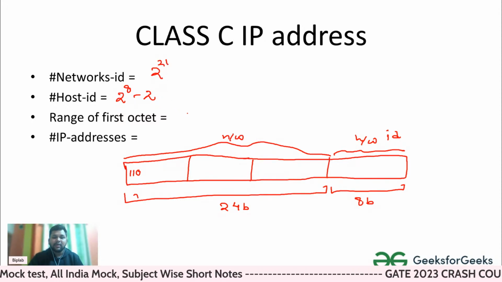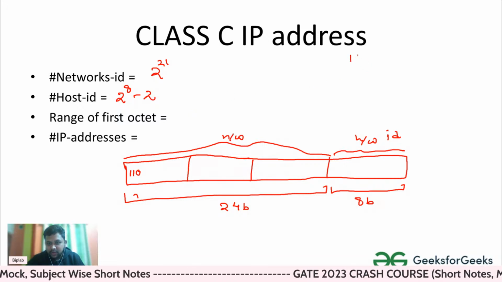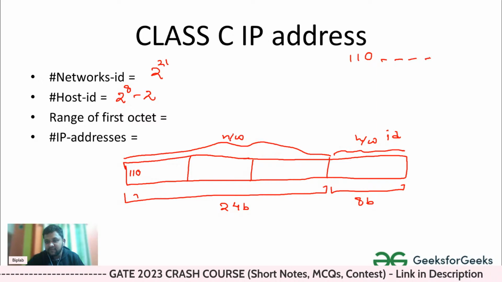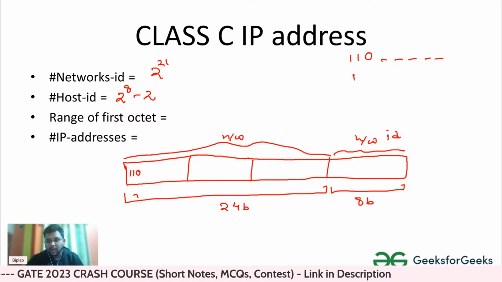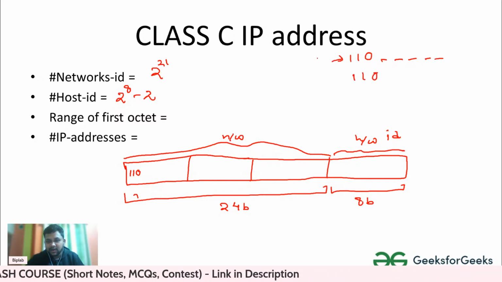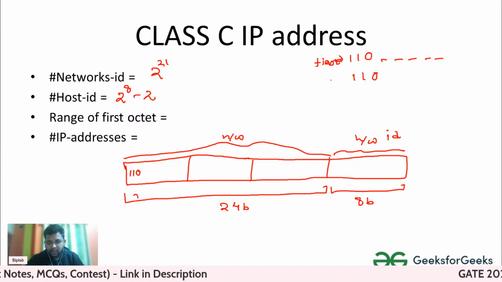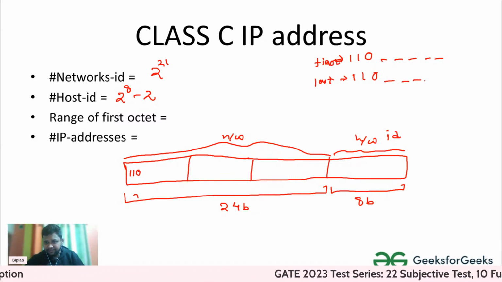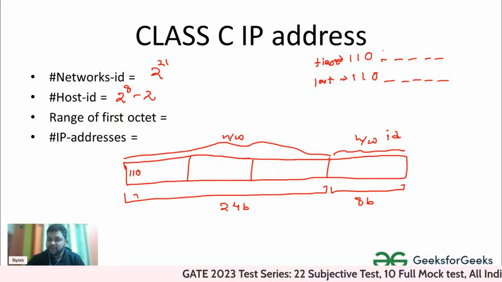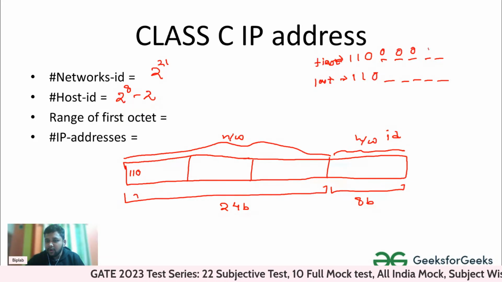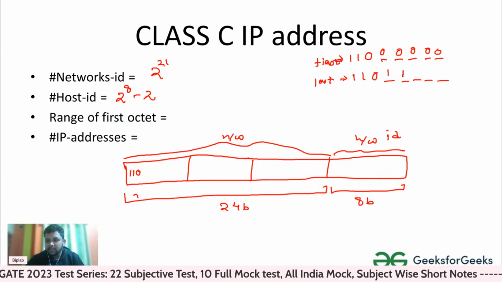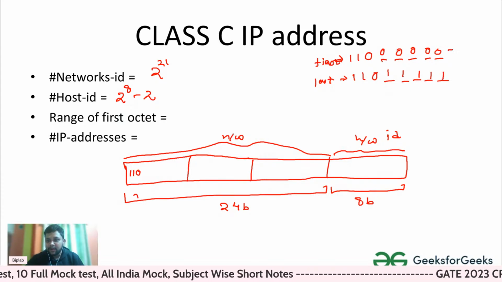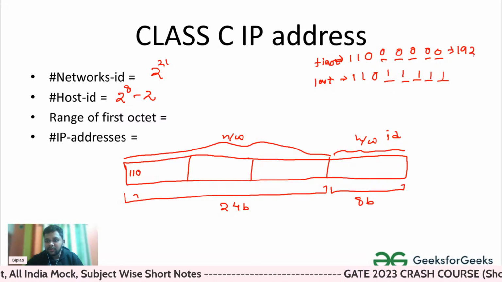Range of the first octet, let us calculate that also. 110, there is still space left for 5 bits, so they can be all zeros or all ones. So what is the first number? This is nothing but 192.